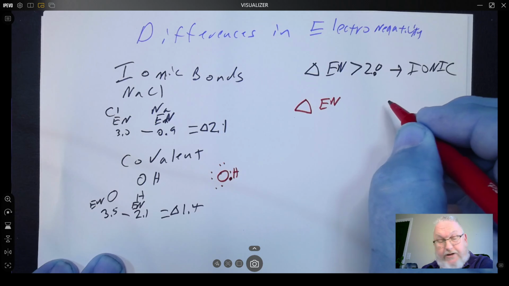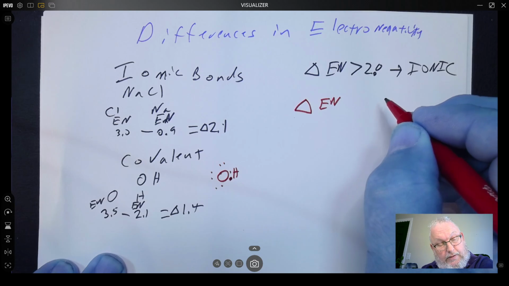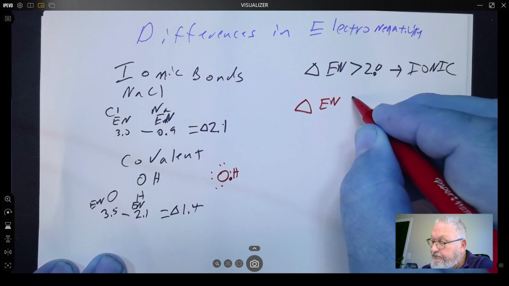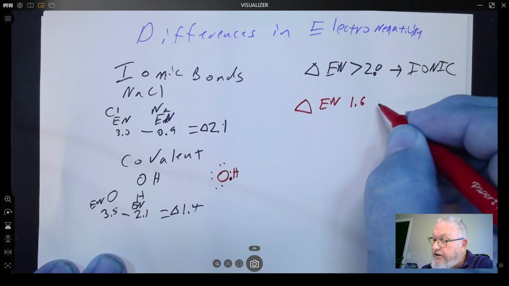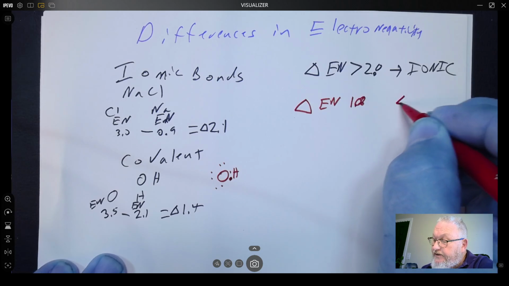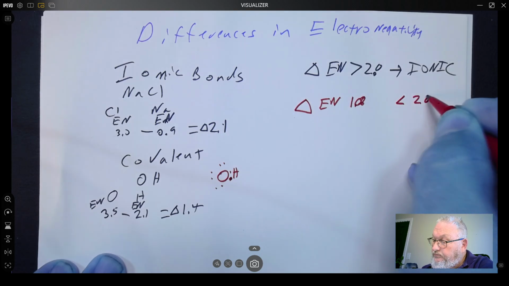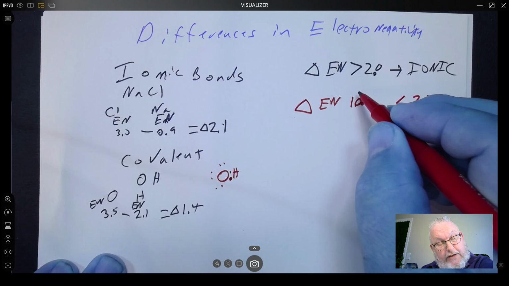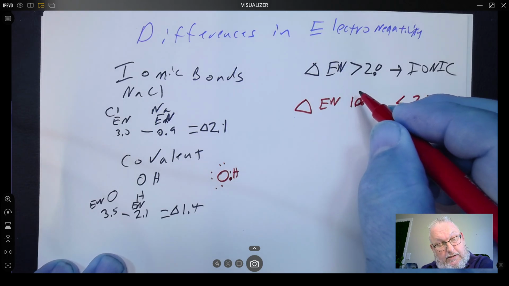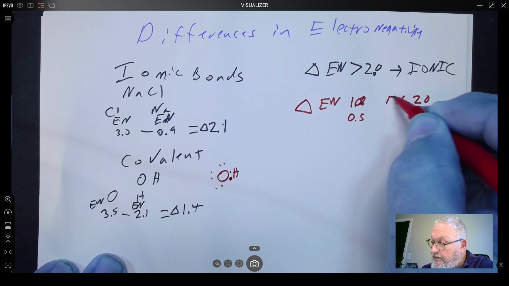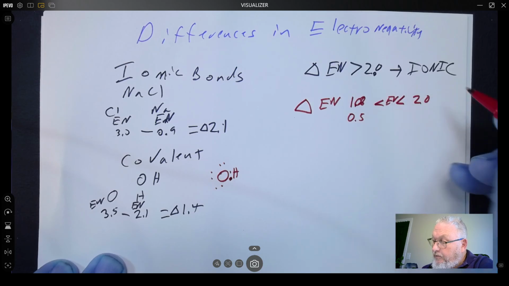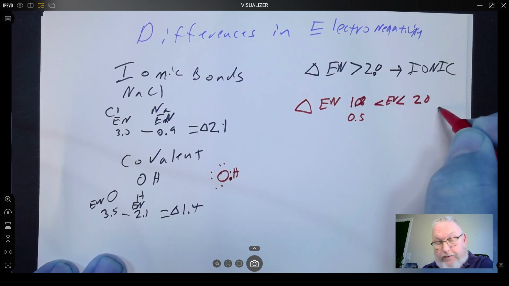Now, if we have a difference of electronegativity less than 2 and greater than 0.5, we're going to call that polar covalent.